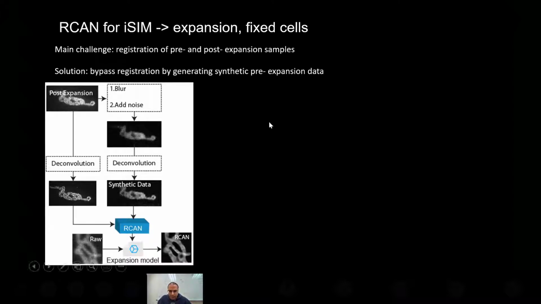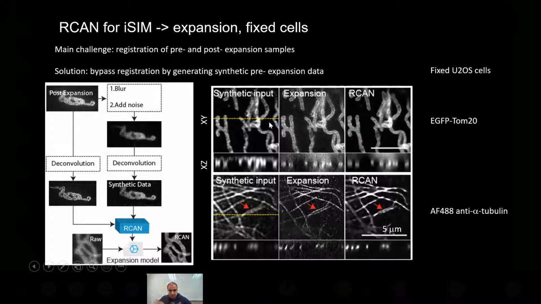And if we look at sort of the output using this method, if we compare the synthetic input to the expansion microscopy ground truth, we see that the expansion microscopy does indeed provide more resolution as expected. And the Arcad prediction also does better. It's not quite at the level of the expansion microscopy ground truth, but there is this improvement, particularly in the axial dimension on these mitochondrial and microtubule structures.